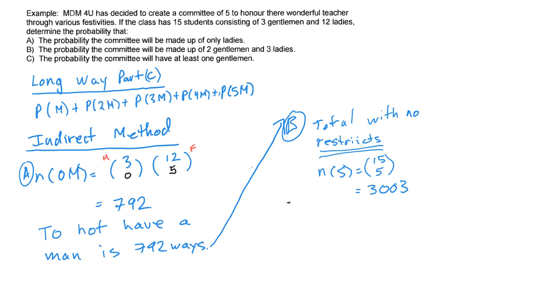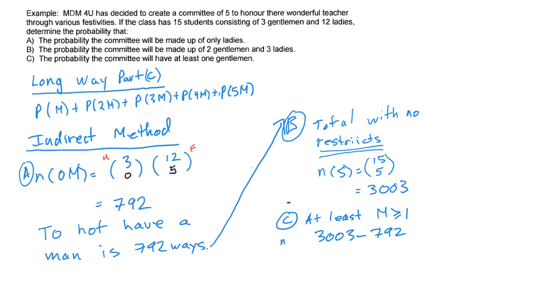So now to find at least 1 man, at least, not 5 men, but m being greater than or equal to 1, what we have to do is we have to take 3003 minus 792.